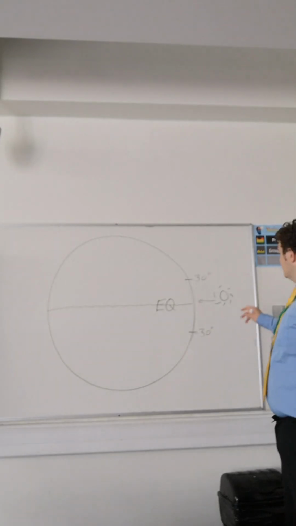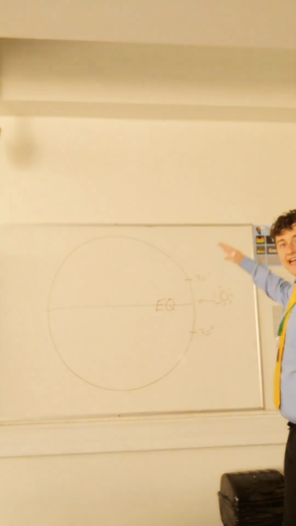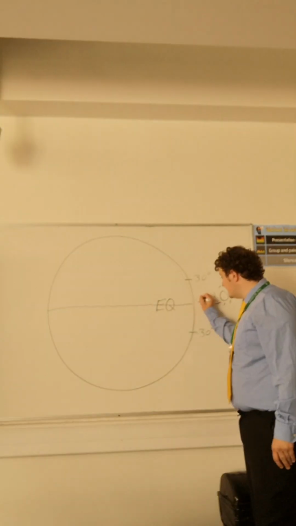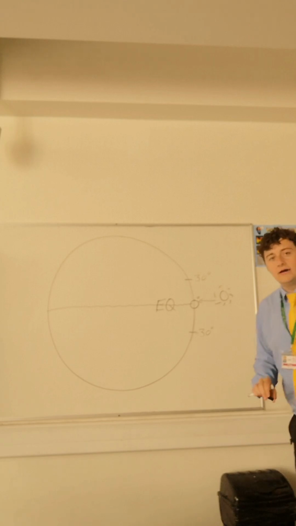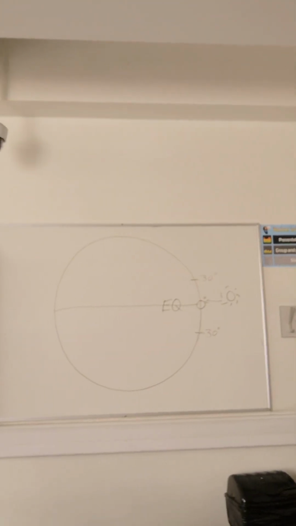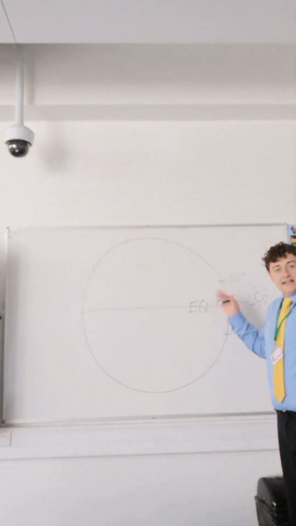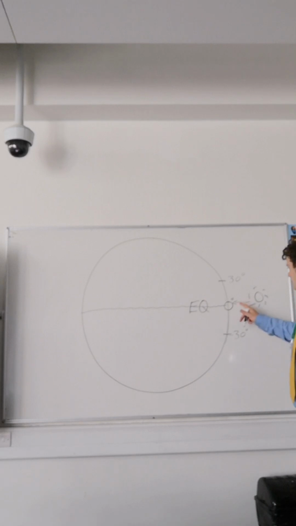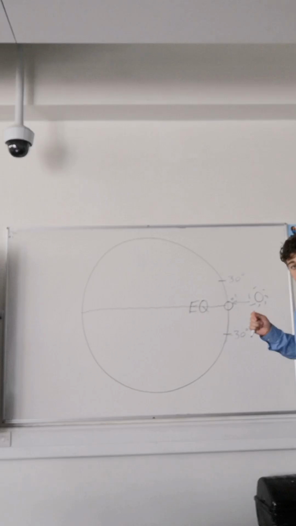Temperature is to do with latitude. Okay? Now latitude is how north or south of this point here, 0 degrees, the equator, you are. So, here for example, 0 degrees is on the equator. The number goes higher the further north or south you go.